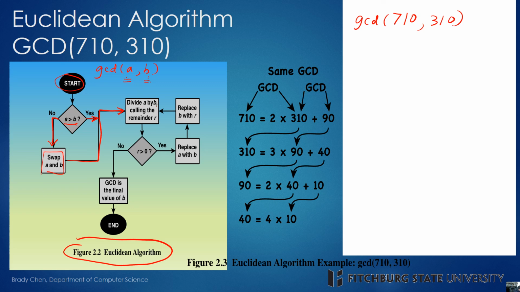So we always make A bigger than B, and then we divide A by B.